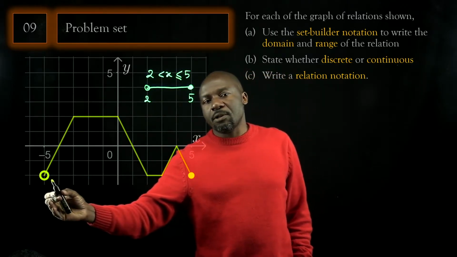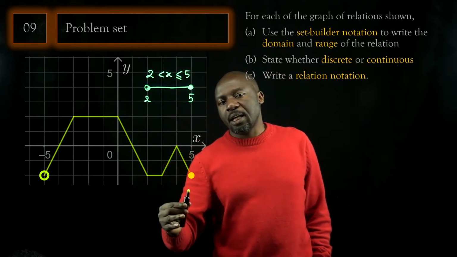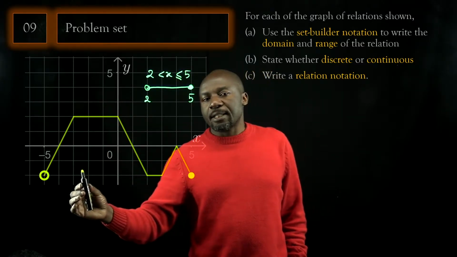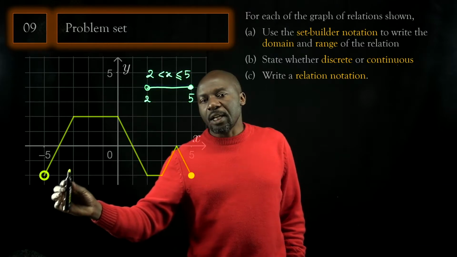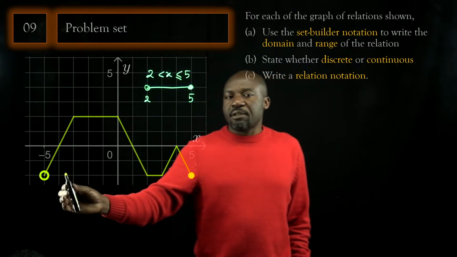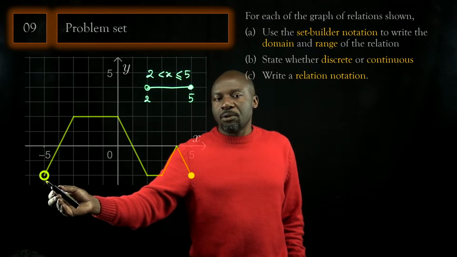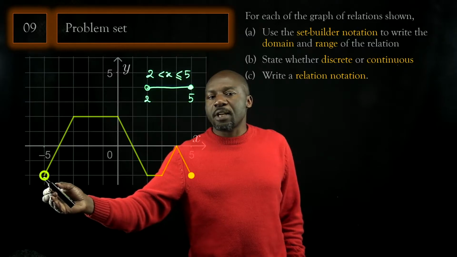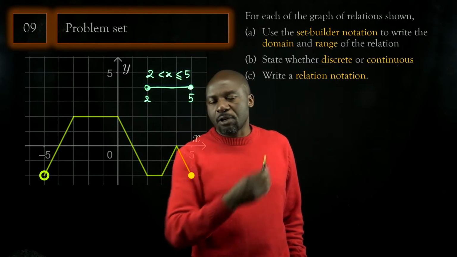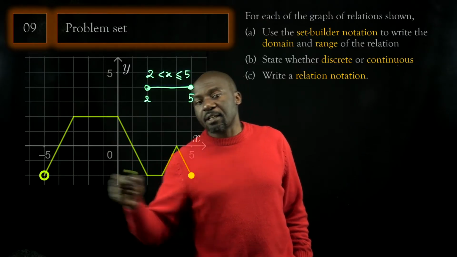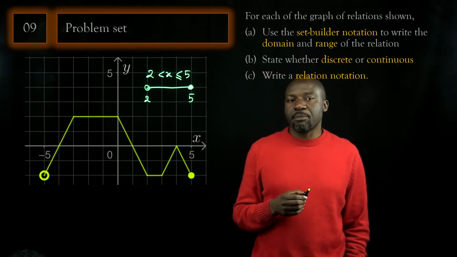So this also means that if I was looking for the domain for this relation, I can say that the domain lies between -5 and 5, but -5 itself is not included. -4.9999 to whatever number of decimal places you like is accepted, but -5 itself is not in the domain, okay?